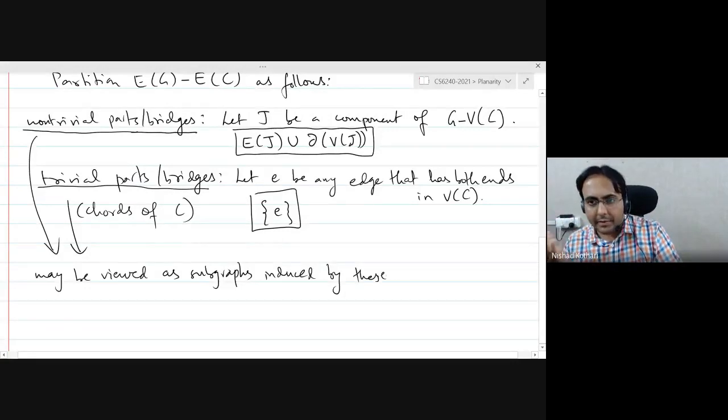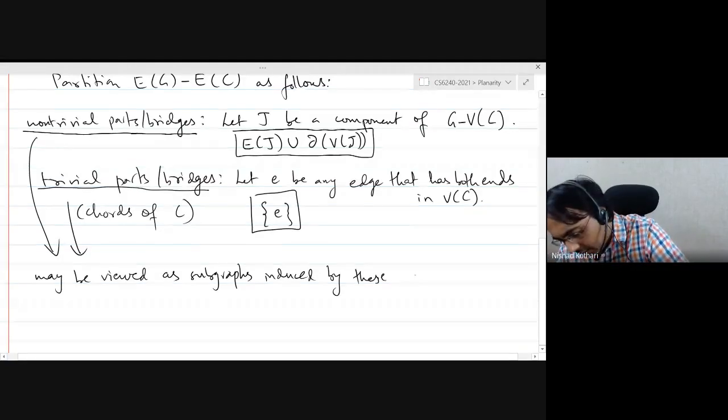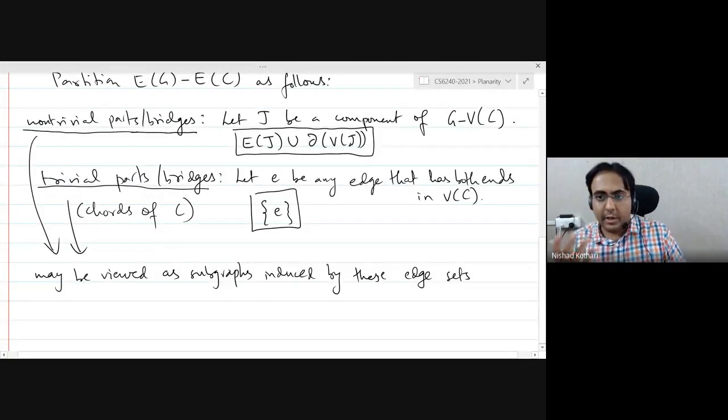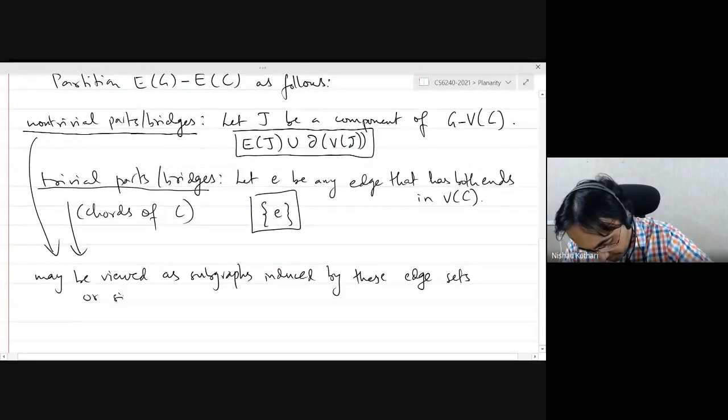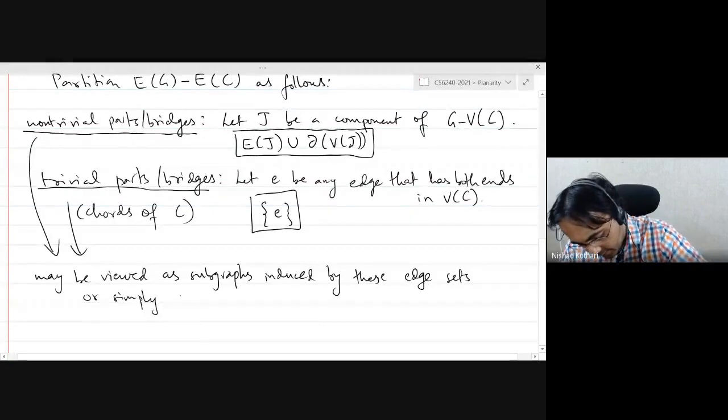We have seen subgraphs induced by vertex sets, but subgraphs induced by edge sets means you just take the edges and you take all the vertices that are incident with any of the edges in your set. So they are either the subgraphs induced by the edge sets, or you can just view them as the edge sets, and both viewpoints are useful. Or simply as edge sets.